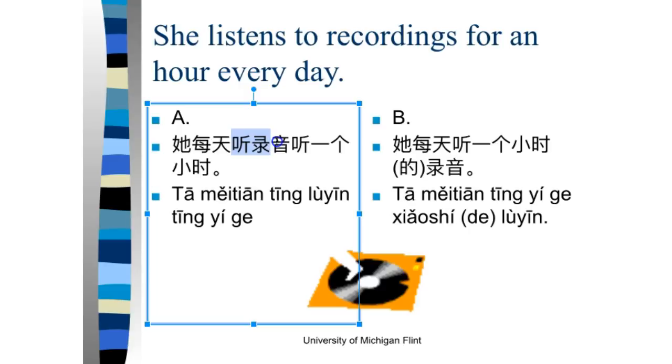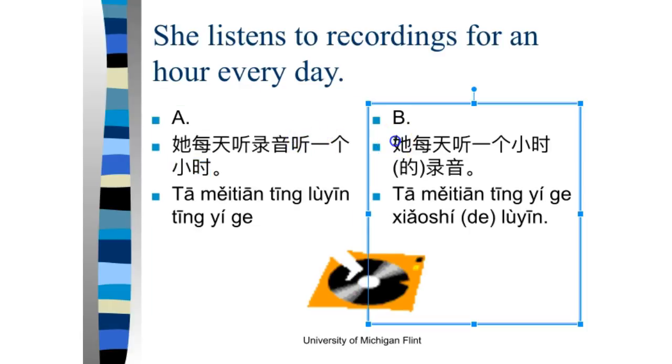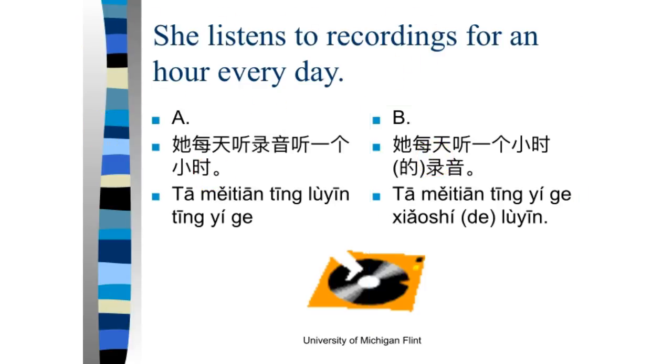Verb, object, verb, 听录音听1个小时. Here, 1个小时 modifies the verb. Or you could say, 她每天听1个小时的录音. She listens to an hour of tapes. These are equivalent expressions that both mean she listens to recordings for an hour every day.